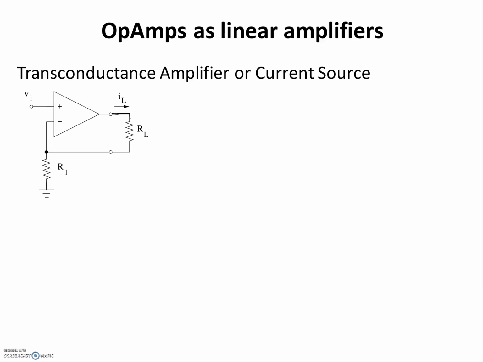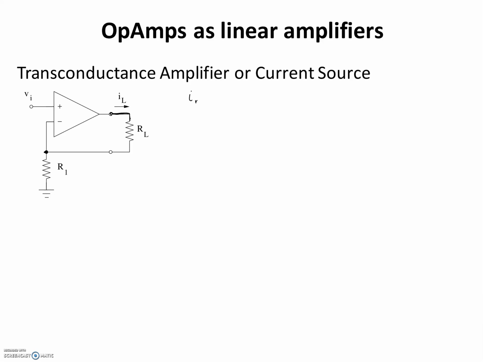As a result, it's a transconductance amplifier or a current source. In a current source, the amount of current at the output of the current source is independent of the value of RL. So for the first and second golden rules of op-amps, we can use both of them because of the presence of negative feedback. The output is connected to the inverting terminal at the input side.